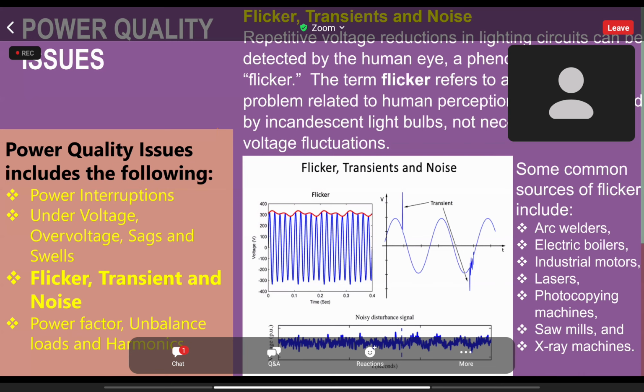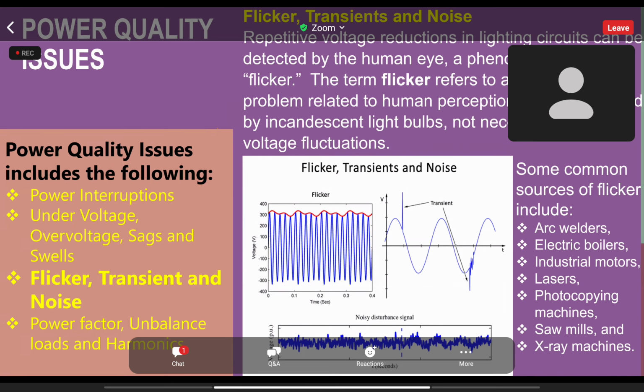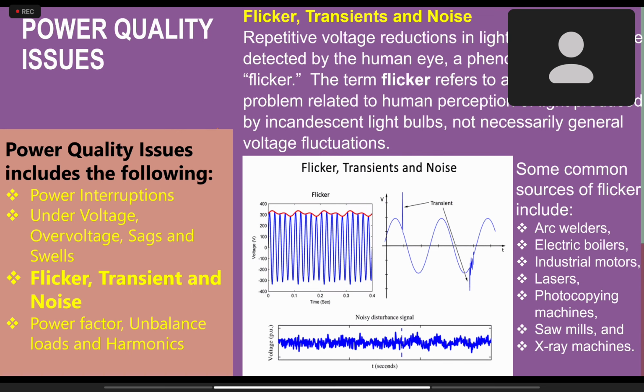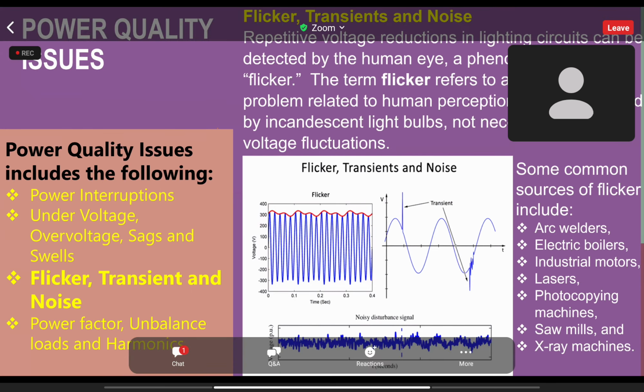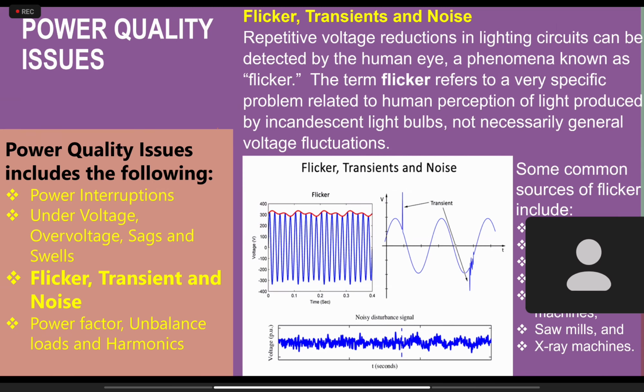So bigla lang, makita natin sa ilaw, for example, na fluorescent lamp, parang sa Bisaya pa yan, tawag namin, mag-ipat-ipat. That's flickering. It is a phenomenon that is known as flicker. So bakit nagkaroon ng flicker? There is a small variation in the voltage for a certain period of time, usually less than 1 minute.